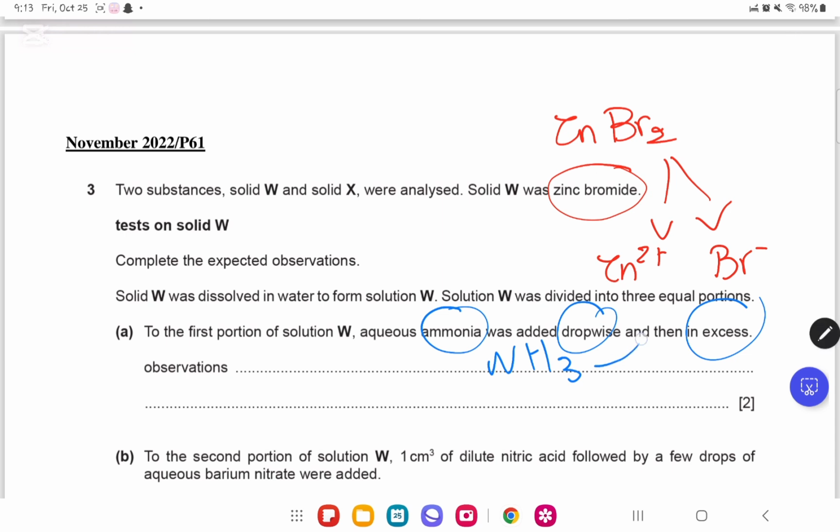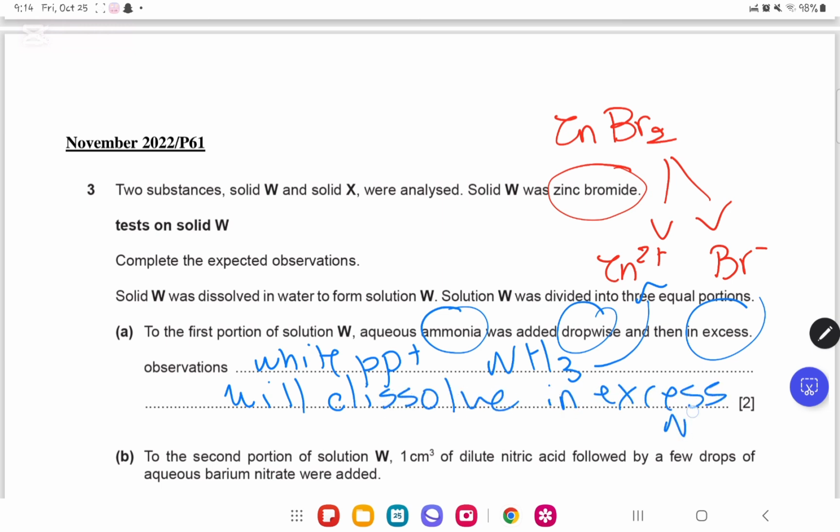So because it is reacting with zinc, what we're going to say is that it will form a white precipitate at the beginning, okay? But because we're adding excess NH3, zinc will dissolve in excess NH3. Now the second part, they added barium nitrate, which is Ba(NO3)2. They added it to zinc bromide. So let's break each one into its ions. This one, its ions are Ba2 plus and NO3 minus.